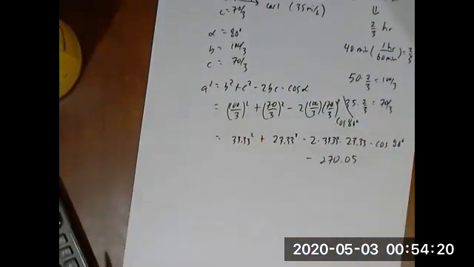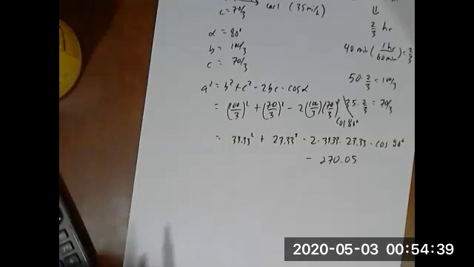So 33.33 squared plus 23.33 squared minus 270.05.